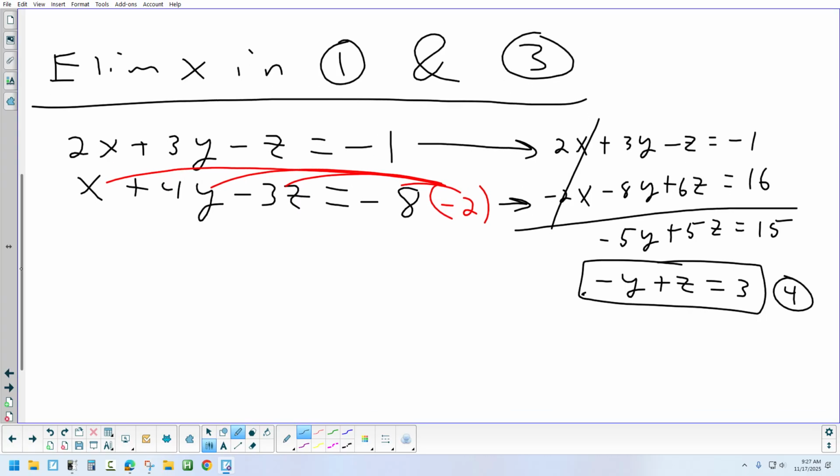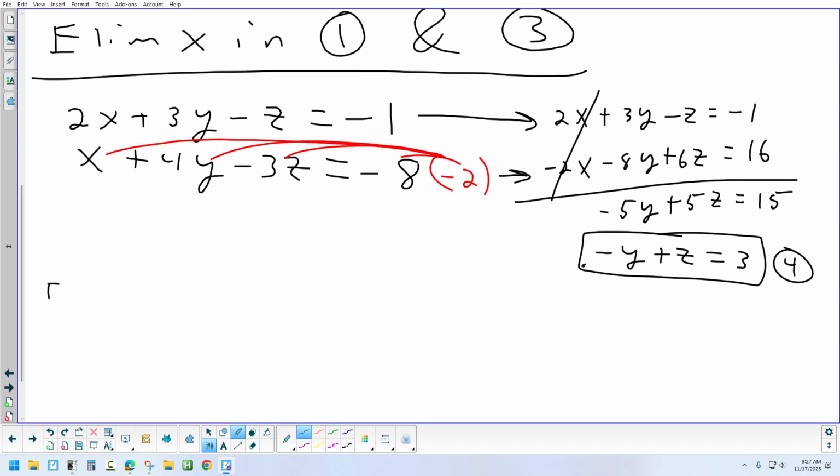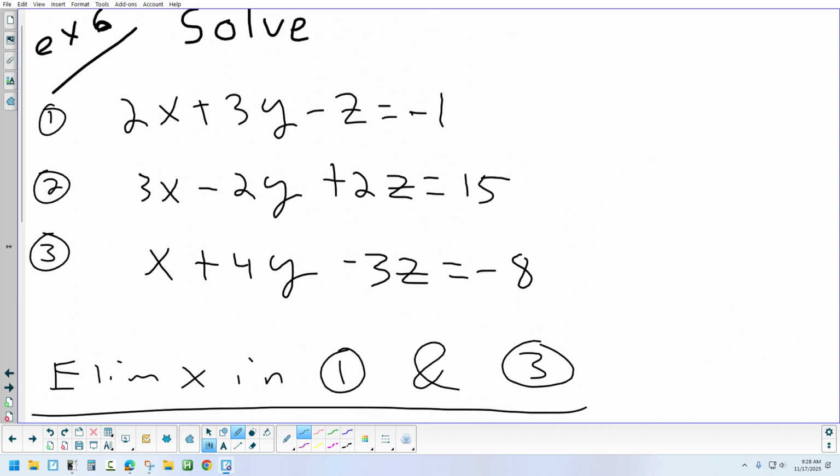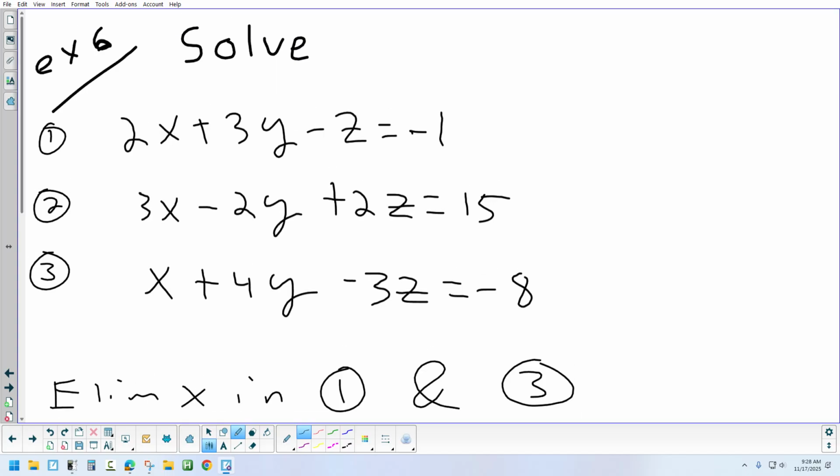All right, so now we've got to do the same thing again. Let's eliminate x, but we have to pick 2 different equations. You can't do 1 and 3 again. Which ones do we want to pick? And they've got to be from the original. Which ones? 2 and 3?